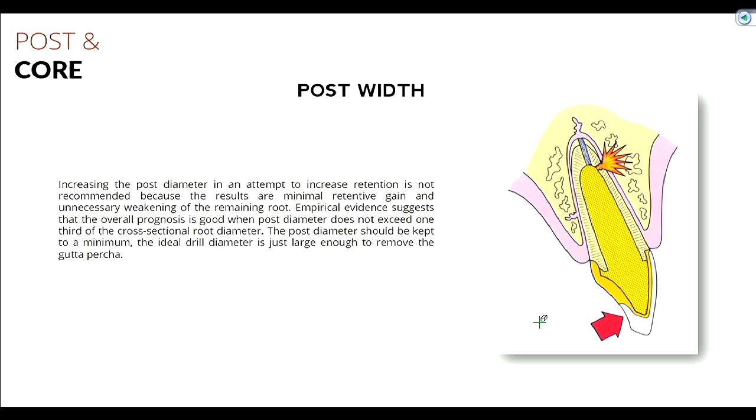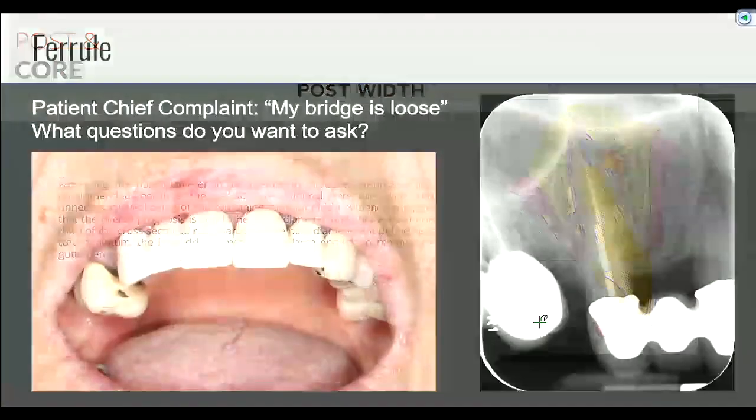Then you use that same width post to size it in, and you may need to cut the apical end of that post so that the retentive feature is within the parameters of your crown preparation. Hopefully that makes sense.